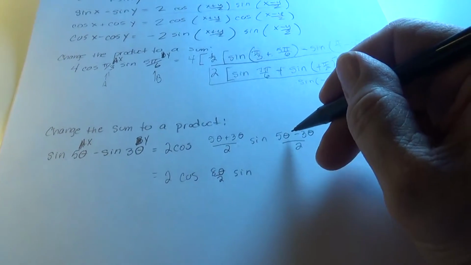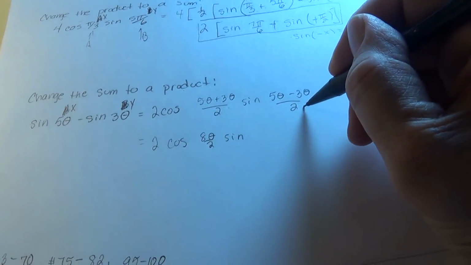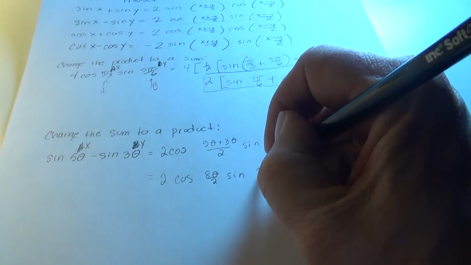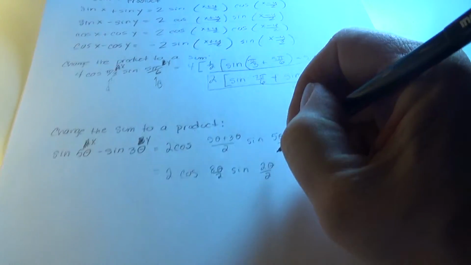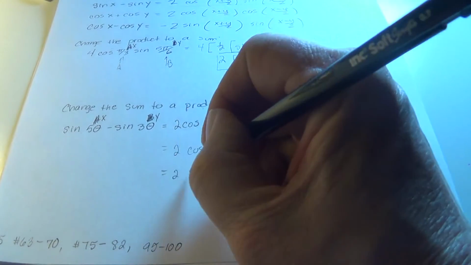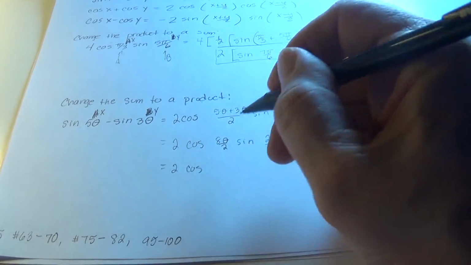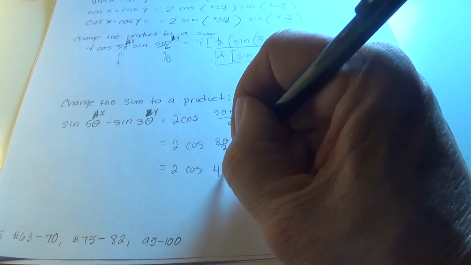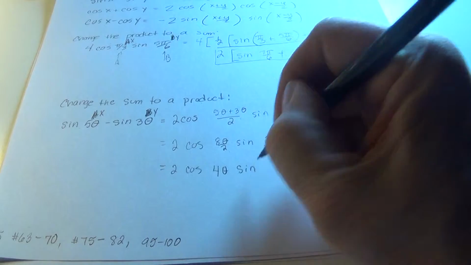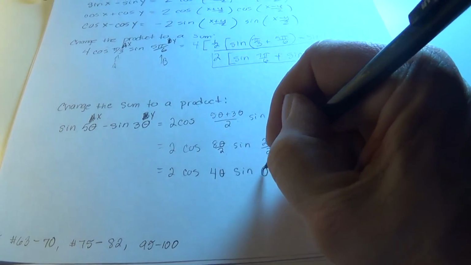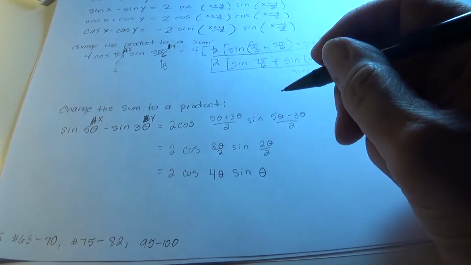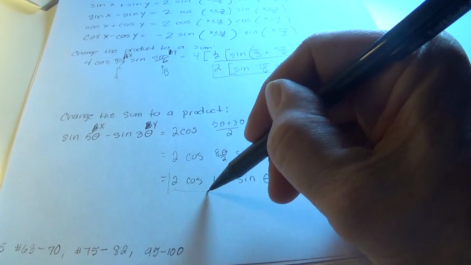And this one's 5 theta minus 3 theta over 2, which is 2 theta over 2. Cleaning that up a little more, 8 theta over 2 is 4 theta, and sine of 2 theta over 2 is theta. So that's all they're asking for here.